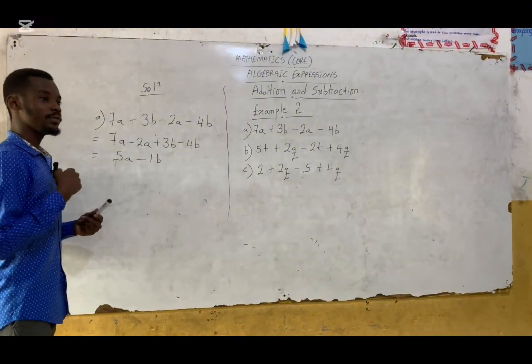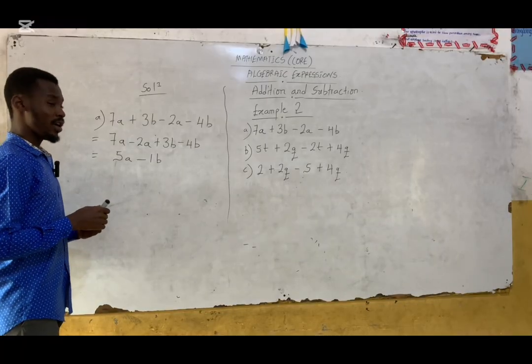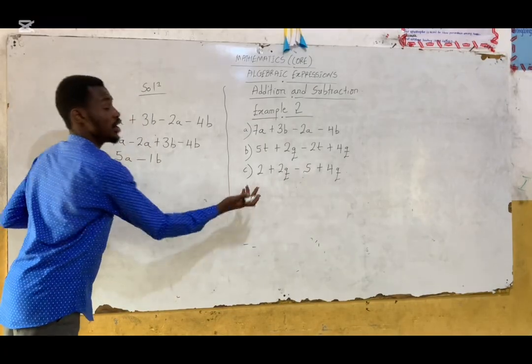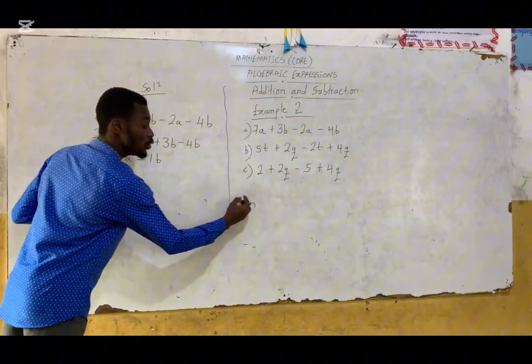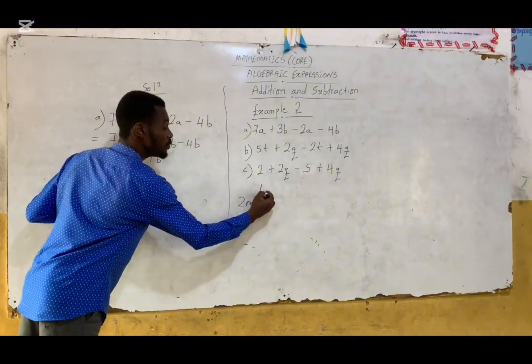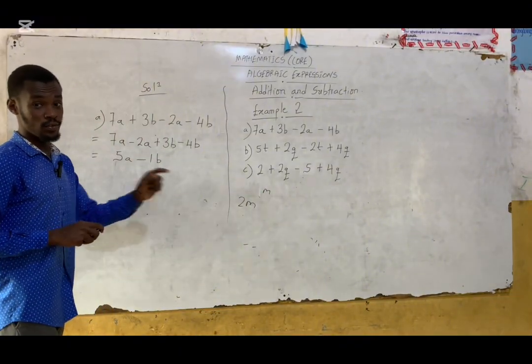Now take note, in math, it is not wrong, but once I have 1 mango, I'll just write 1 mango. Are you okay? But if I have 2 mangoes, I have to be specific. So 2 mangoes. Are you okay? But remember, if it is 1 mango, just write M. Everybody will understand that it is 1 mango.